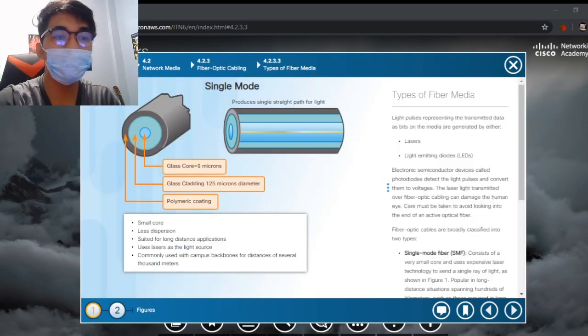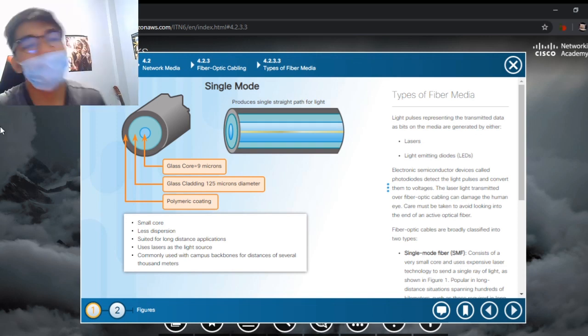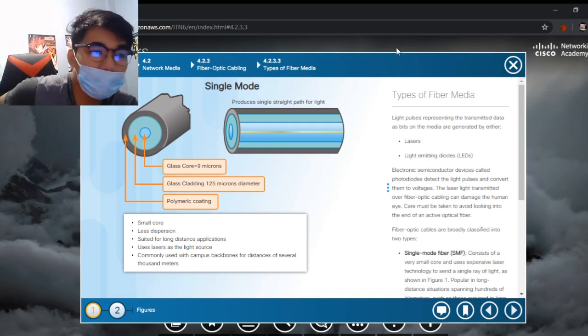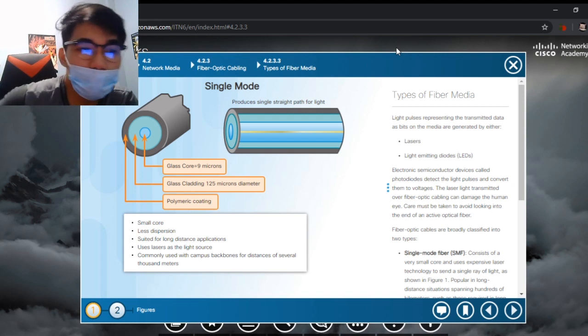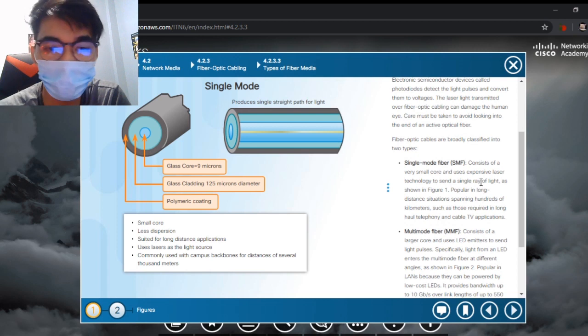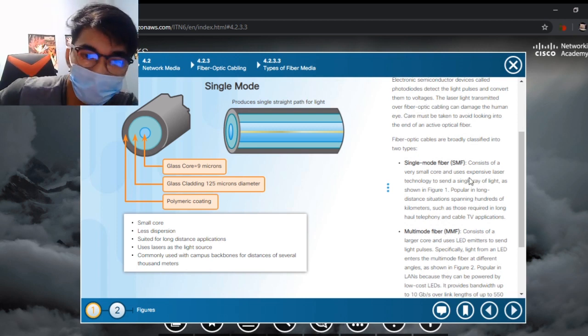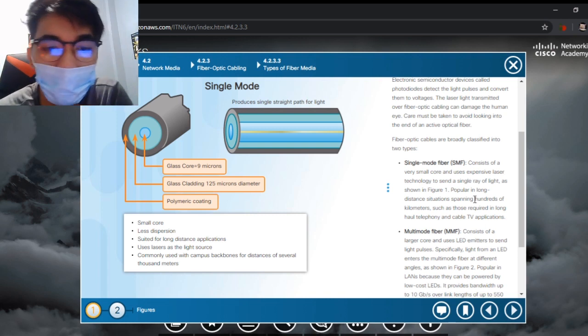And guys, we're back on one of the major parts of network access, which is the type of media, the single mode and the multi-mode. First is the single mode. Single mode consists of very small cores and uses expensive laser technology to send a single ray of light.